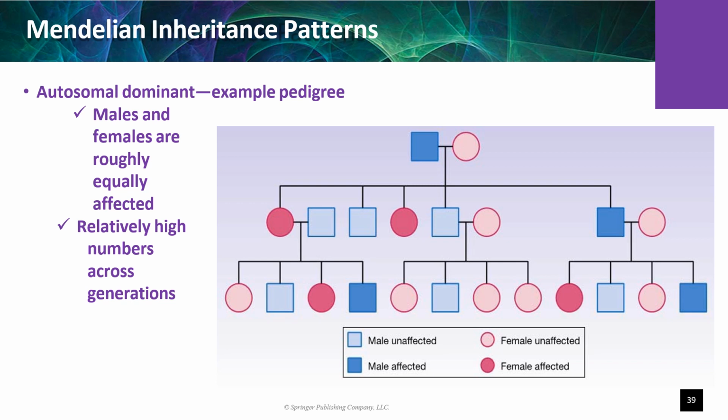If one parent has the disorder, then there is a 50% chance they will pass the abnormal gene copy to each child. The risk of the offspring having the disorder is entirely dependent upon the affected parent's genetic contribution with each pregnancy.